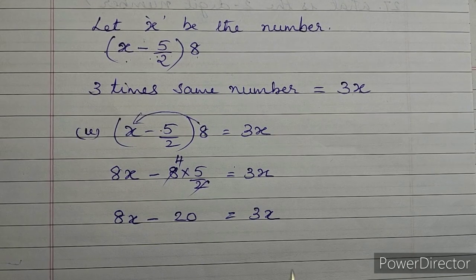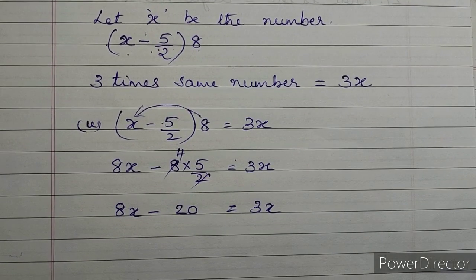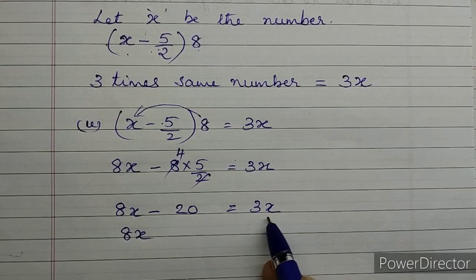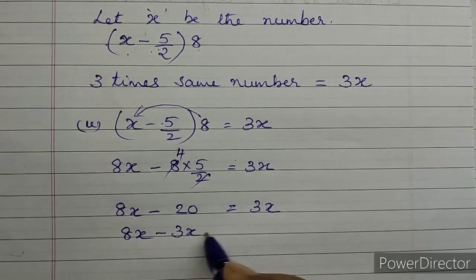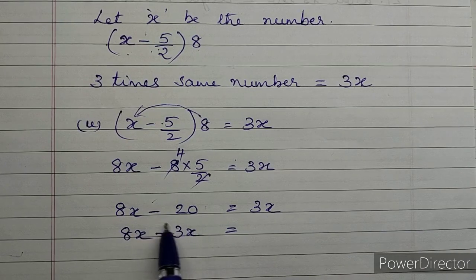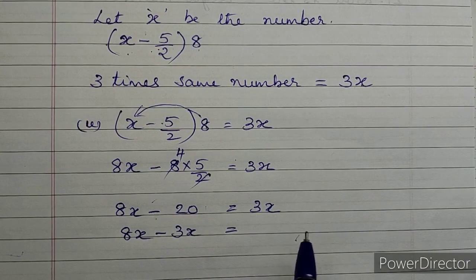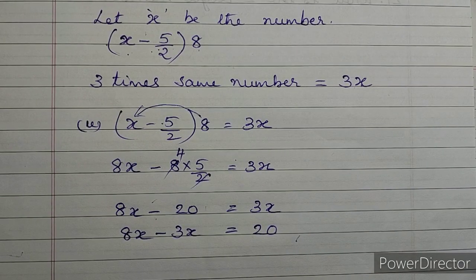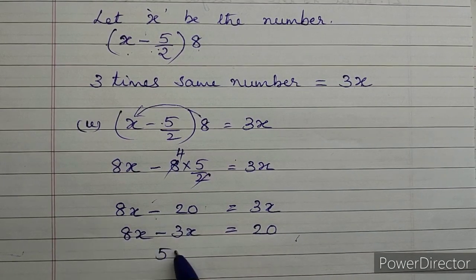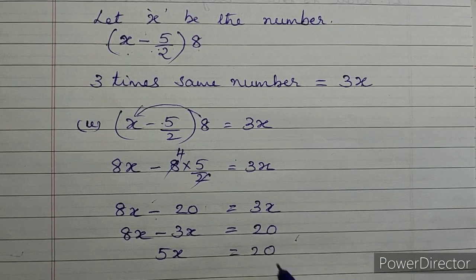Now x variables you have to bring together to the LHS. So 8x, this 3x you have to bring to the other side. It will change to minus 3x equals minus 20. You have to transpose it to the other side. It will change the sign. It will become plus 20. So 8 minus 3 is 5x equals 20.